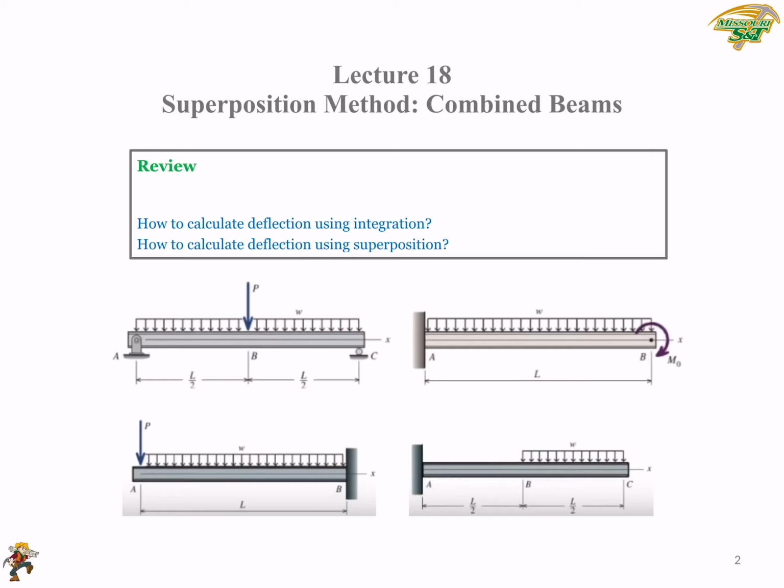In each of the steps, you have some assumed constants, and you need to use the boundary conditions to determine those constant values. This is a very complicated method. I said this is perhaps the most difficult part in mechanics of materials. The good news is that the integration method will not be tested.